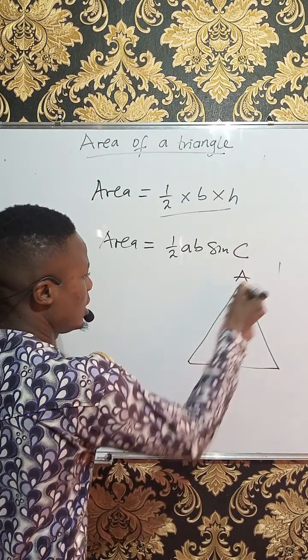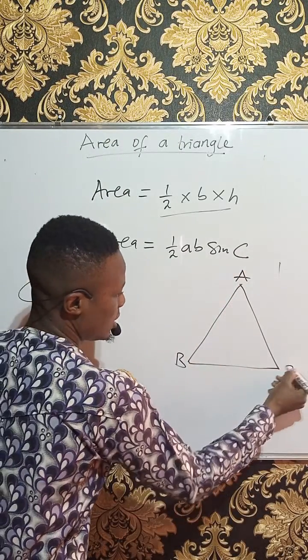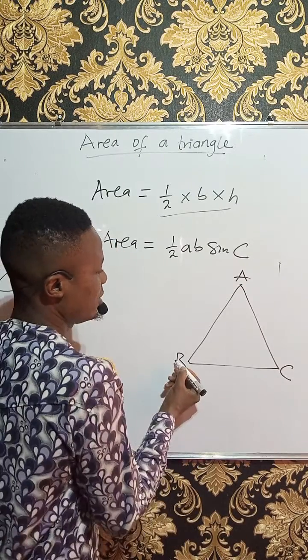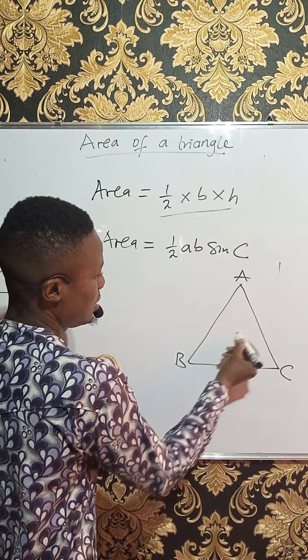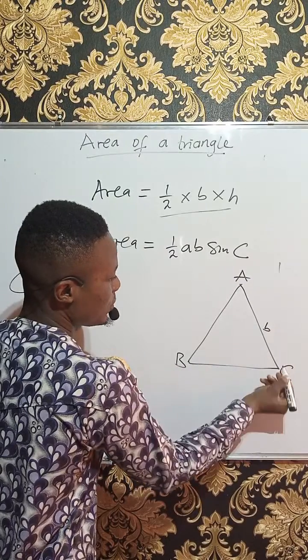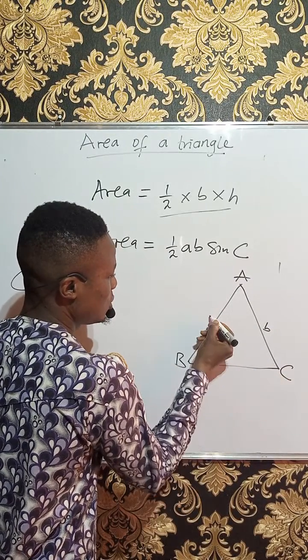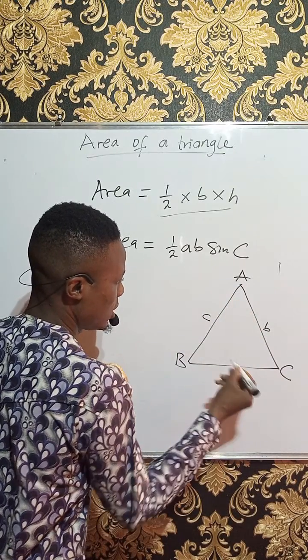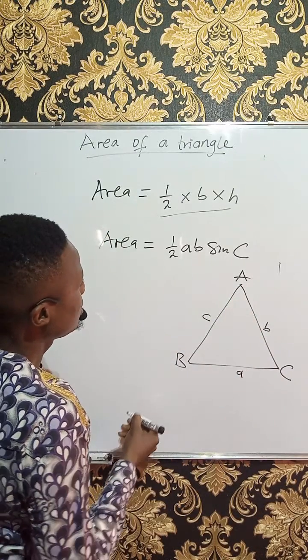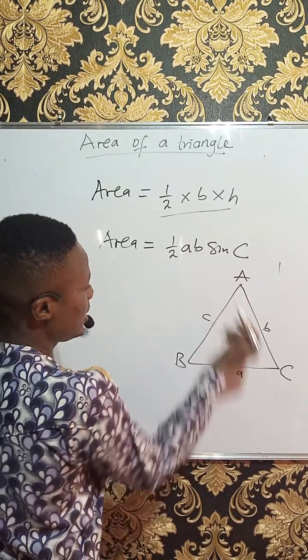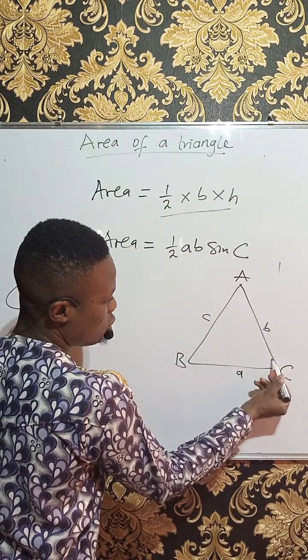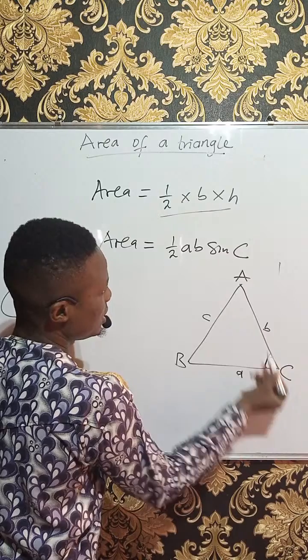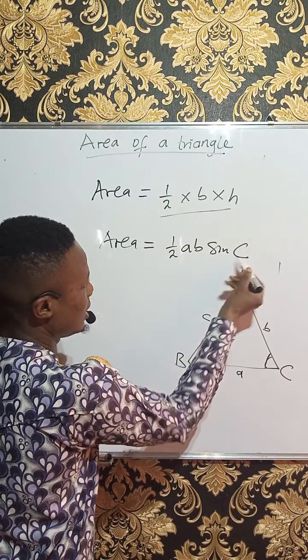Let's call here A, call here B, and call here C. The side facing capital B is known as small b. The side facing capital C is known as small c. While the side facing capital A is known as small a. Now, if I talk about sides a and b, the angle between them is angle C. That is why you are seeing sine C here.